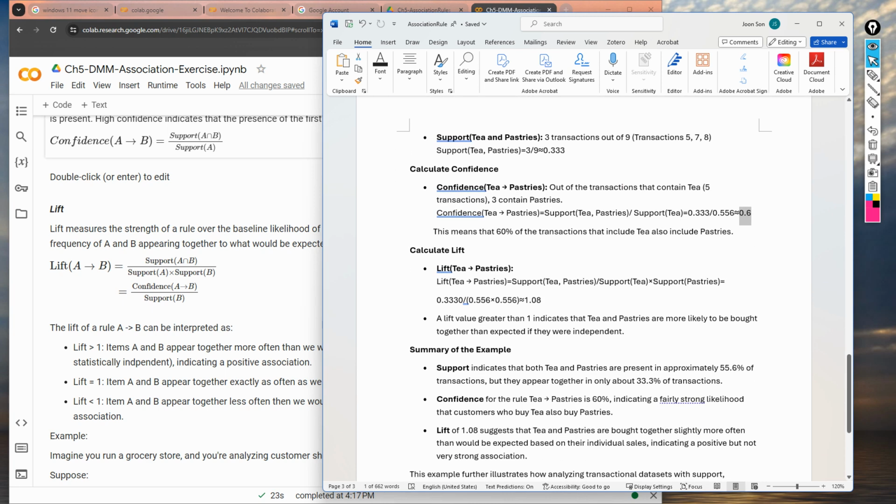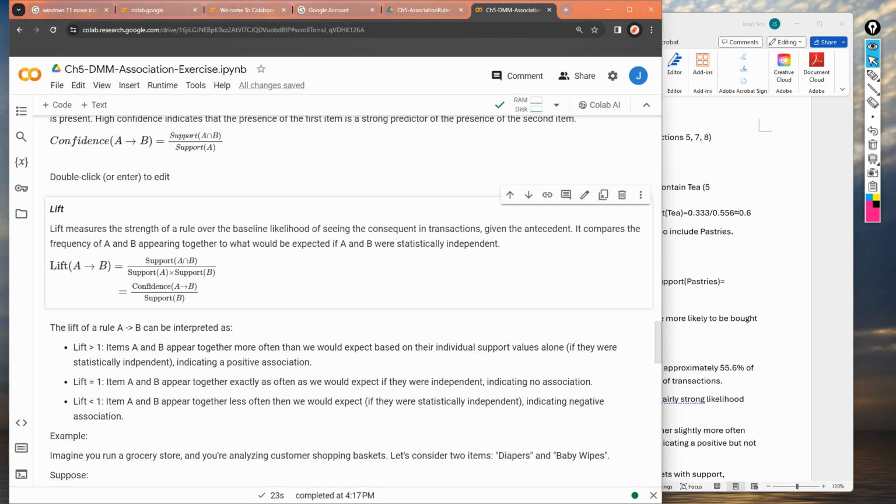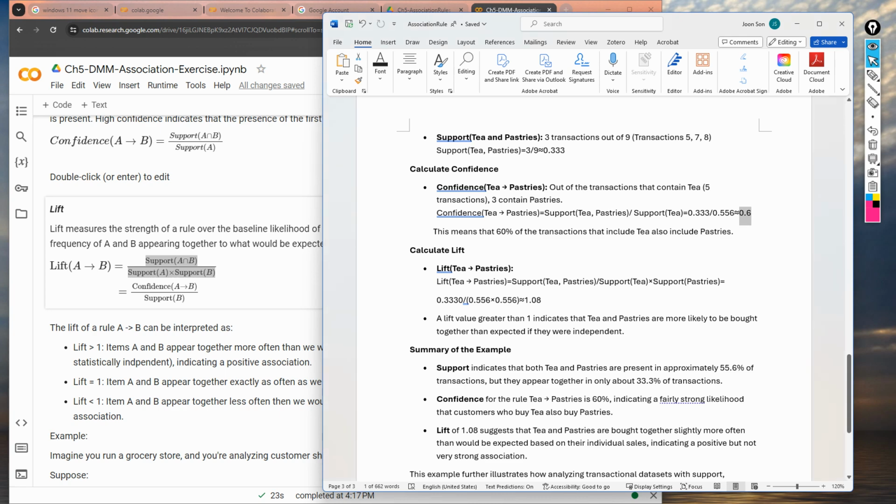And the lift, for tea being the antecedent and the pastries being the consequent. If you calculate the lift value, look at this equation: support of A and B divided by support of A multiplied by support of B. The support of A and B is 0.333, because you already calculated this value.